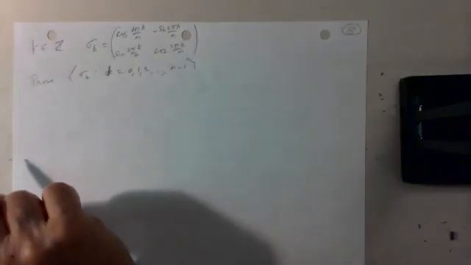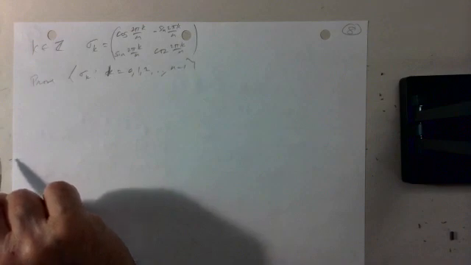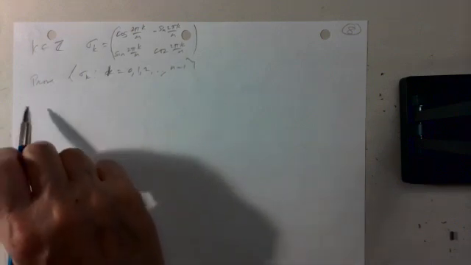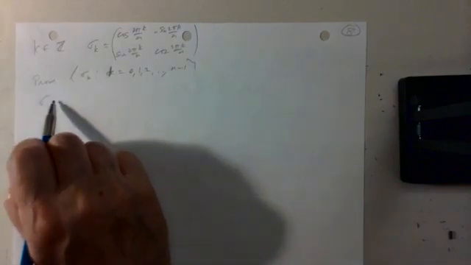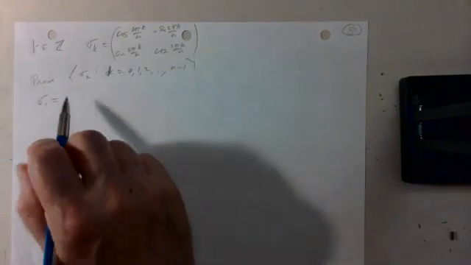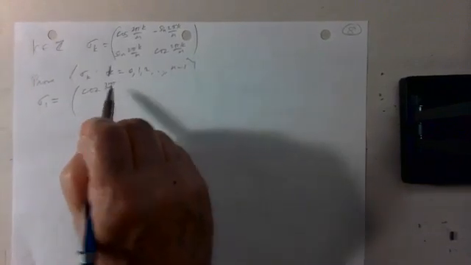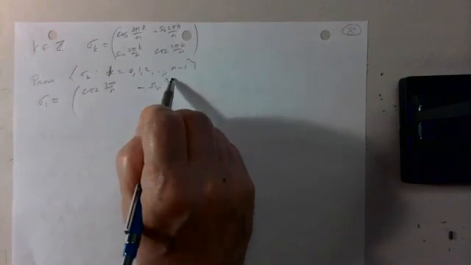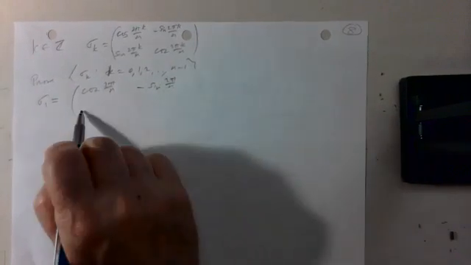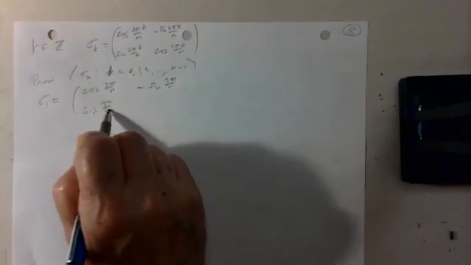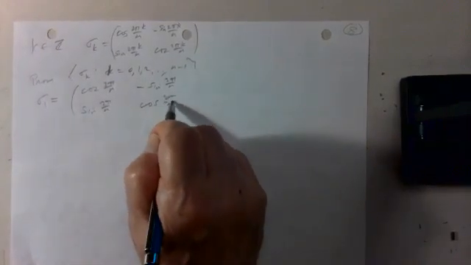In the previous step, we showed that sigma sub k equals sigma to the power k for all integers k. Sigma 1 is cosine 2 pi over n, minus sine of 2 pi over n, sine of 2 pi over n, cosine of 2 pi over n.